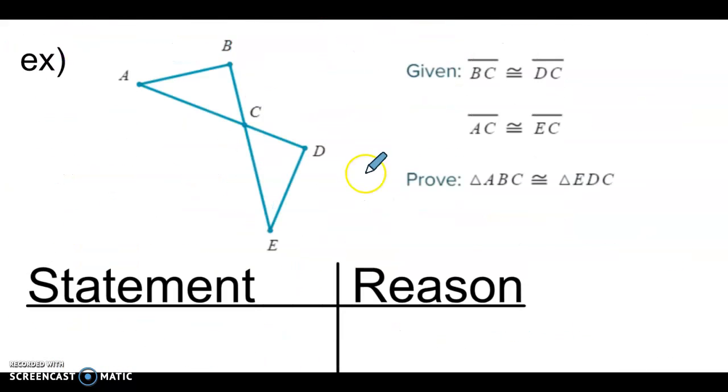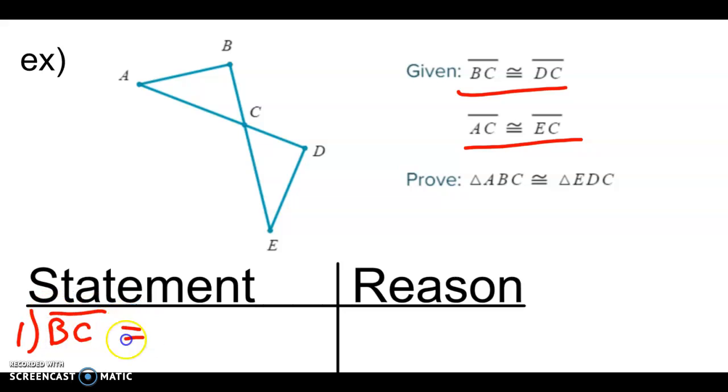Your next example. Here again, let's start with what's being given. So far right now, we're being told that BC is congruent to DC. So segment BC is congruent to segment DC.